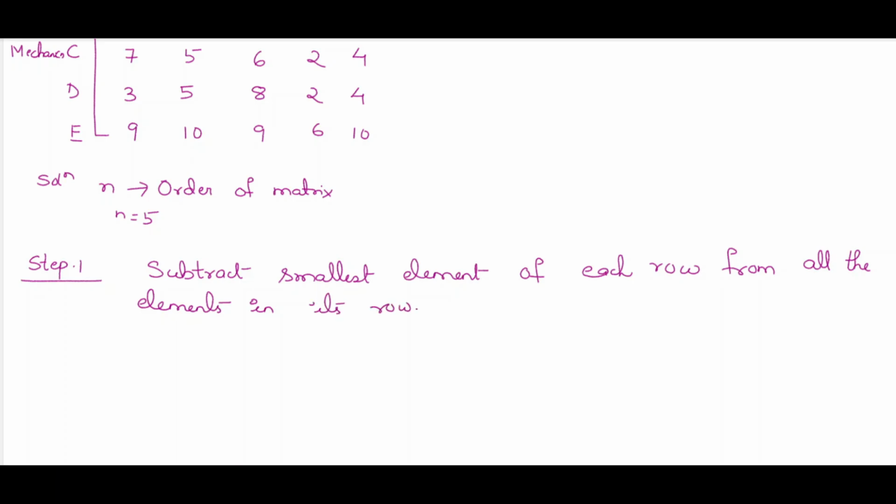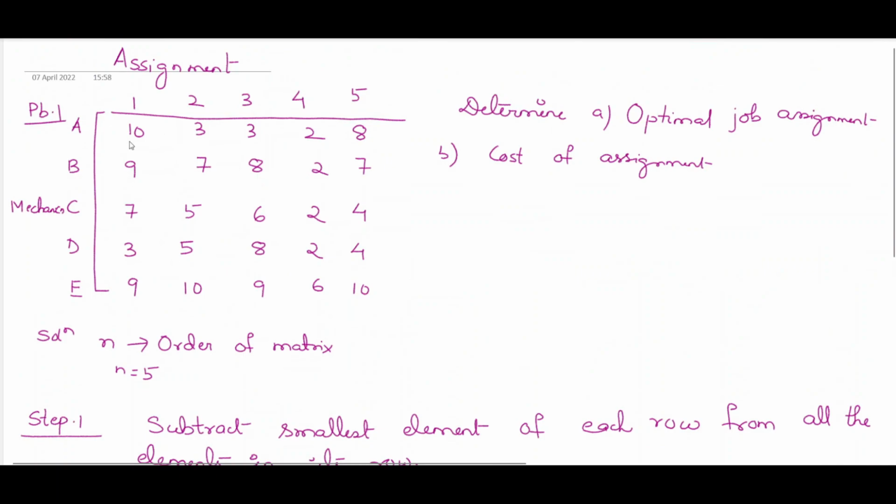So you can see that each row has elements; let me consider the first row. In this first row we have the elements 10, 3, 3, 2 and 8, and the minimum out of this is 2. So subtract the smallest element of each row from all the elements of its row.